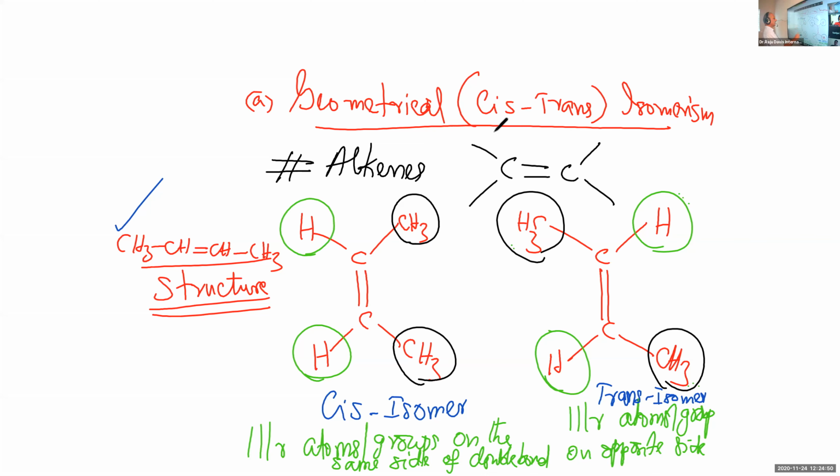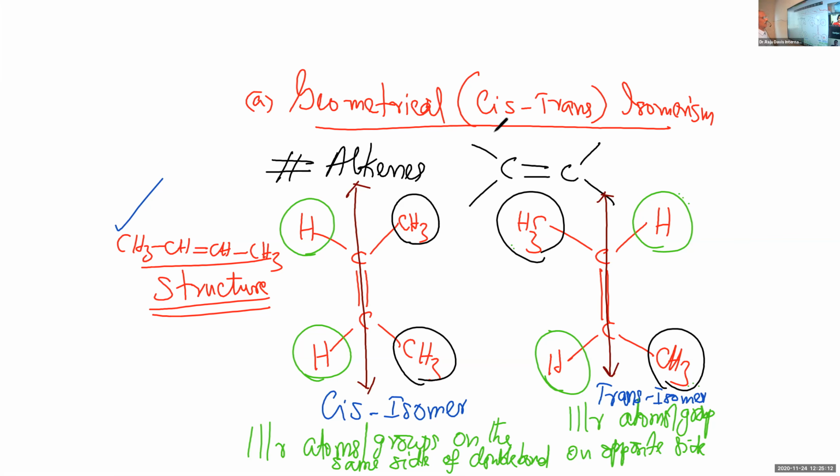See the side, say like this. You consider a plane like this. Similarly here also, you consider a plane like this. Now you can see that in the cis isomer, the CH3 groups are on the right hand side and hydrogen atoms are on the left hand side.